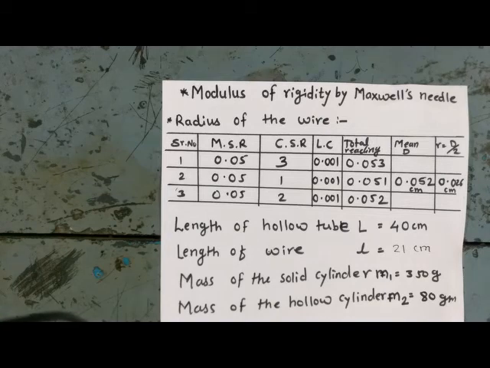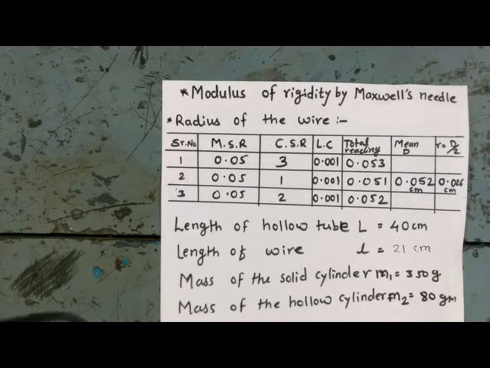Then similarly we take readings at 2 other places. We get MSR 0.05, CSR 1, and least count 0.001, giving 0.051. Similarly for the third reading, MSR 0.05, CSR 2, least count 0.001, we get the total reading 0.052.